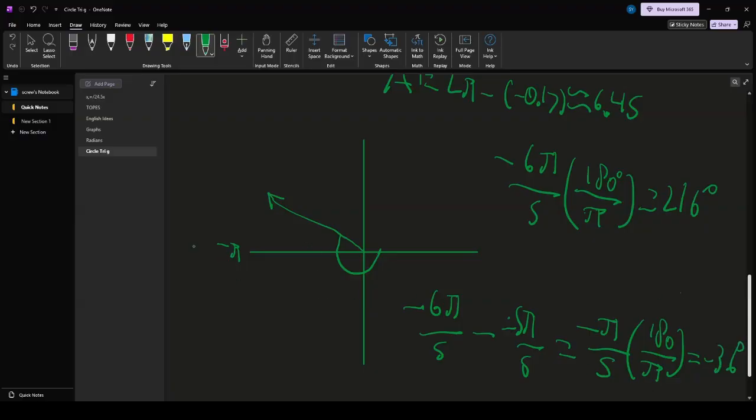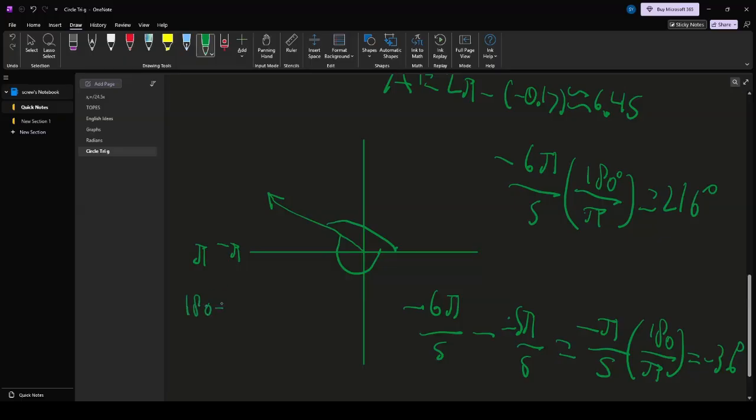So now, to convert it to positive, we'll just take 180 because this is in the second quadrant. And if we want to find the related acute angle of a positive angle, we'll take 180 minus whatever this angle is. So take 180 plus negative 36, because adding a negative number is basically the same thing as subtracting a number.